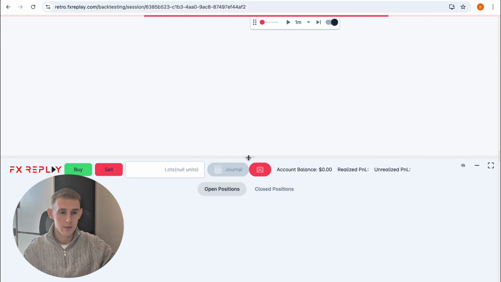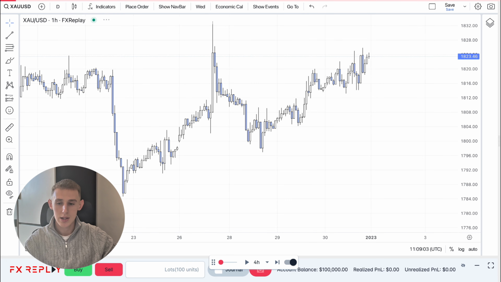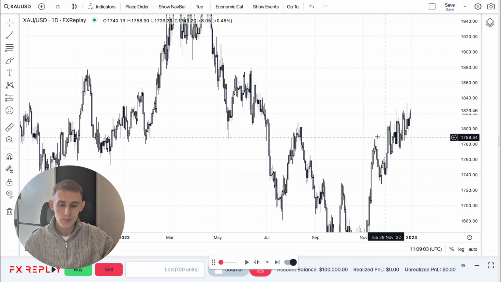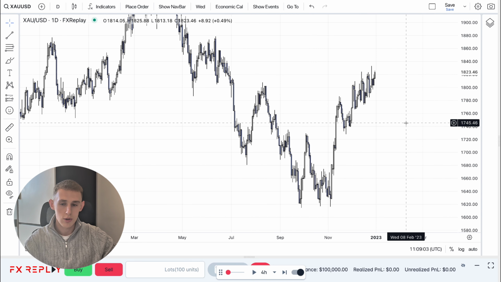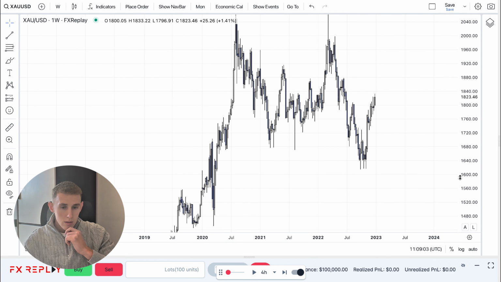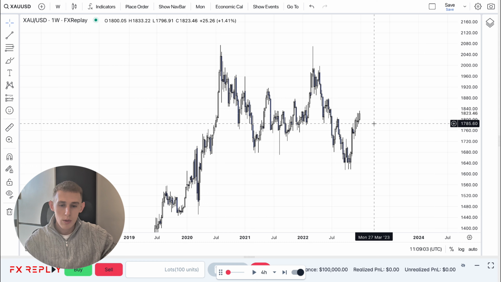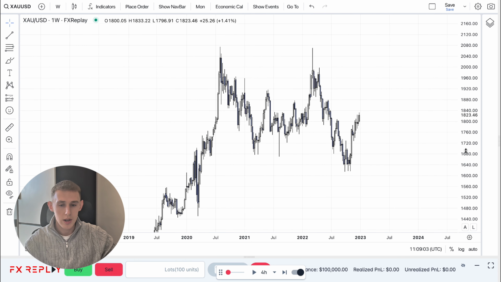Cool, we'll get rid of auto and we will zoom out slightly. And now we can start looking for our first potential trade. Okay, so let's zoom out a little bit, see what price is doing. Right, so what we can see here on the weekly, and how I'm viewing this, we've had this consolidation period.